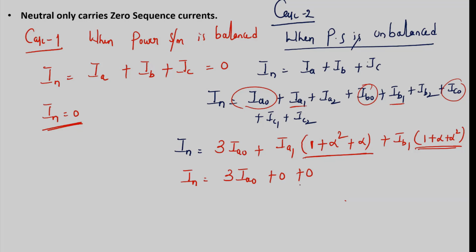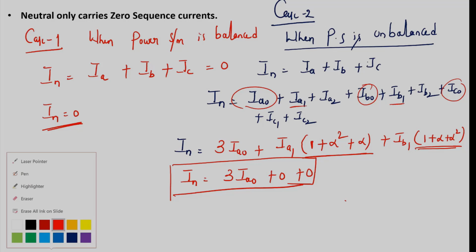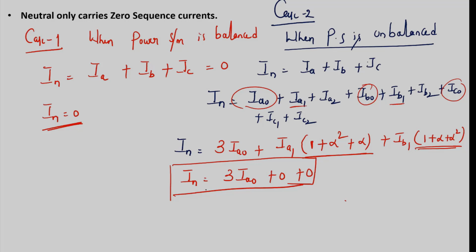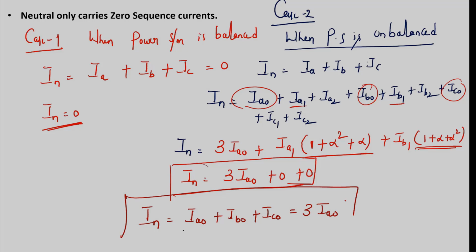So what is the conclusion? Whatever the situation, the neutral current IN is the sum of all three zero sequence currents, or we can simply write it as 3 times IA0. So why is it becoming 0 here?